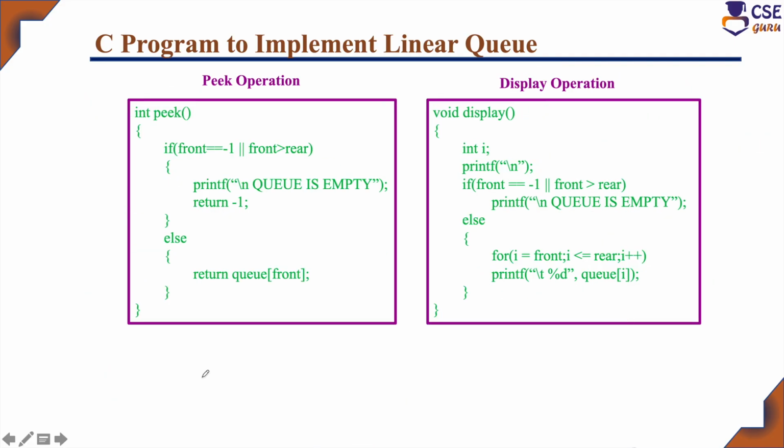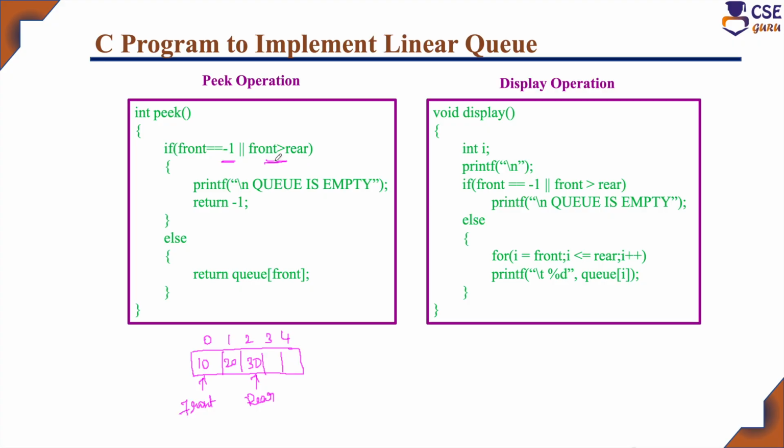Next, peek operation. Just peek operation: what is the front element in the Q array? It will display the front element, nothing else it is going to do. For example, this is front and this is rear. If you are implementing the peek operation, it will check front equal to minus 1 and front greater than rear.